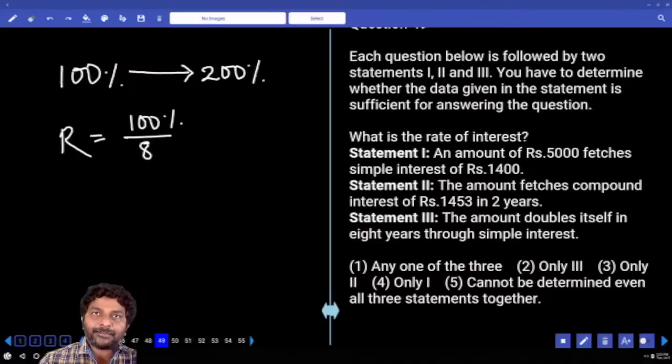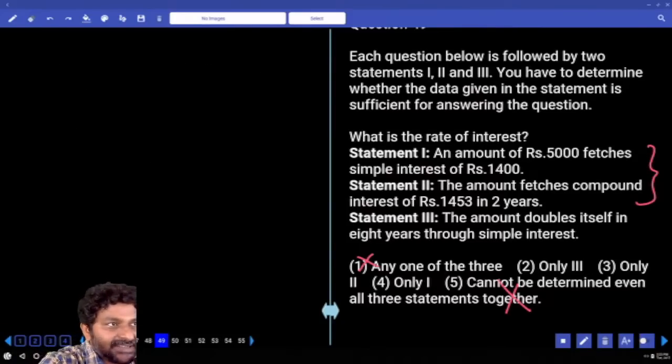Right. Can it be the first option? Second? Yes. Third? No. Fourth? No. Fifth? No. Can you identify your answer by using the first statement and second statement both together? No. The 1400 is simple interest for how much time?